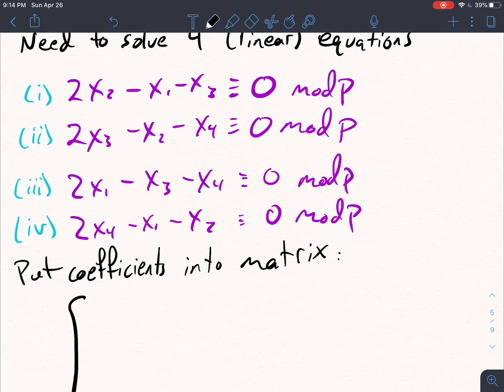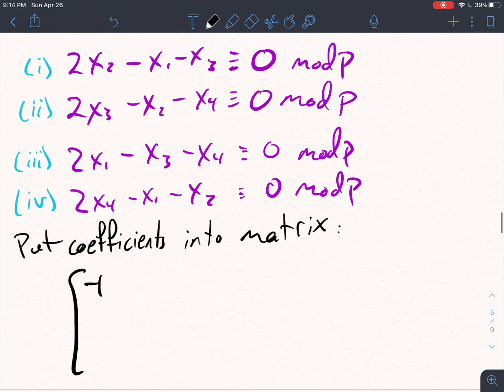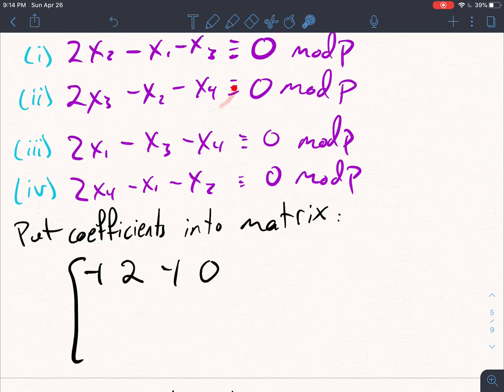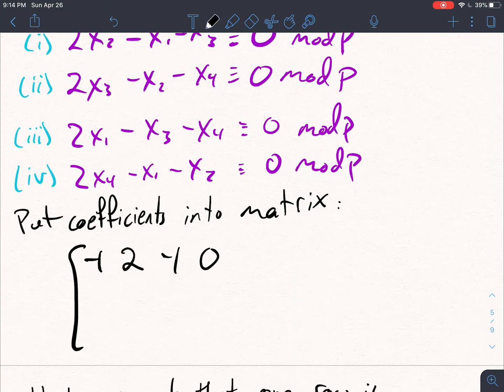So we're going to put these coefficients into a matrix. It's going to have 4 equations and 4 variables. For this first one, x1 has the coefficient -1, x2 has the coefficient 2, x3 has the coefficient -1, and then x4 has the coefficient 0.